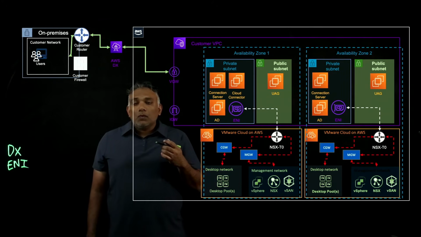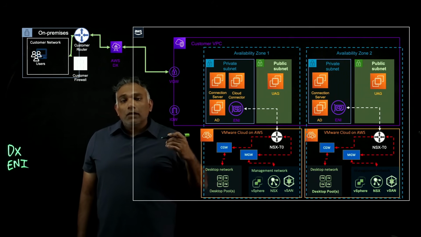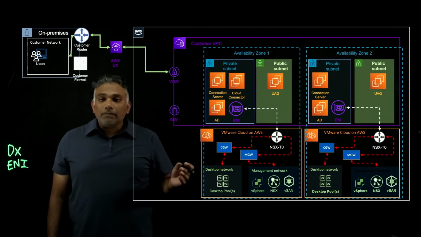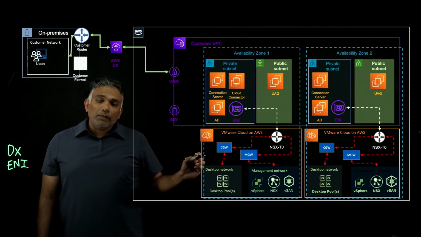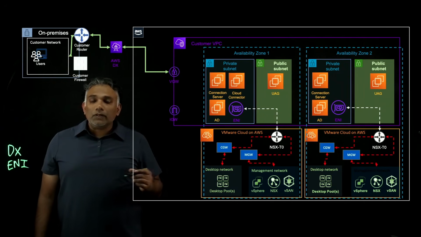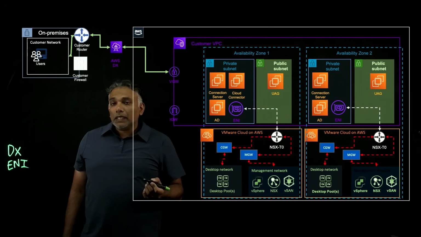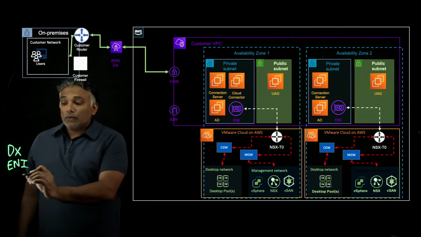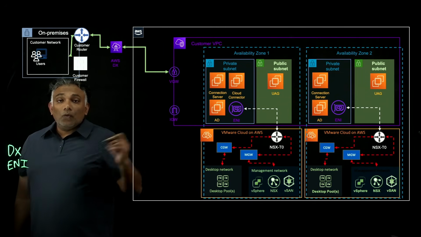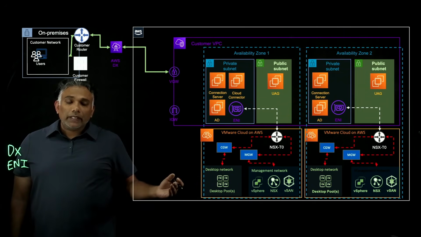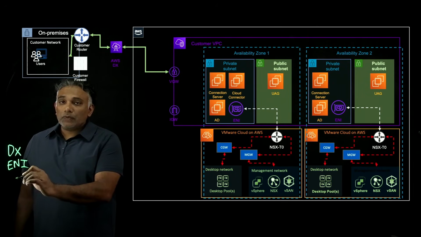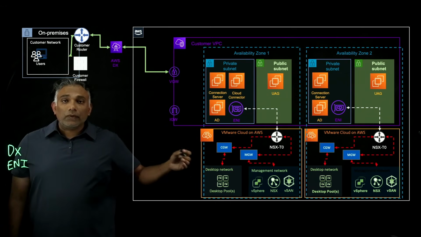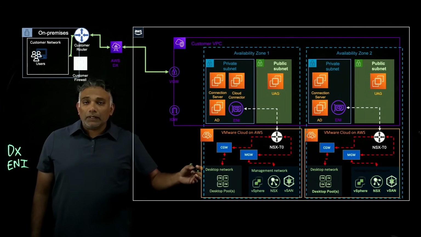You may ask, why do we need such an expansive architecture? The main reason is this. A typical VMware Horizon deployment only allows about 2,000 desktops, depending on your size and your desktop user size. What this architecture, a federated architecture, allows you to do is a few things. This allows you to span multiple availability zones for redundancy and HA capabilities.